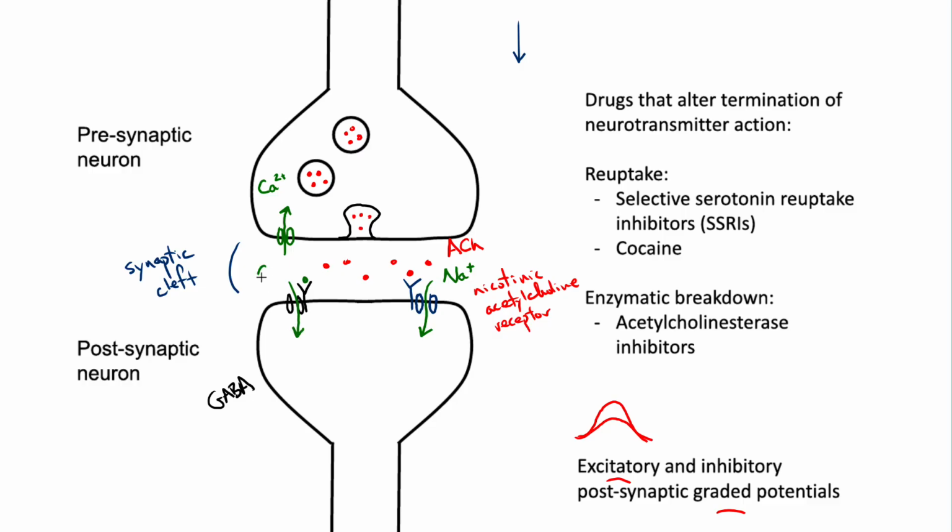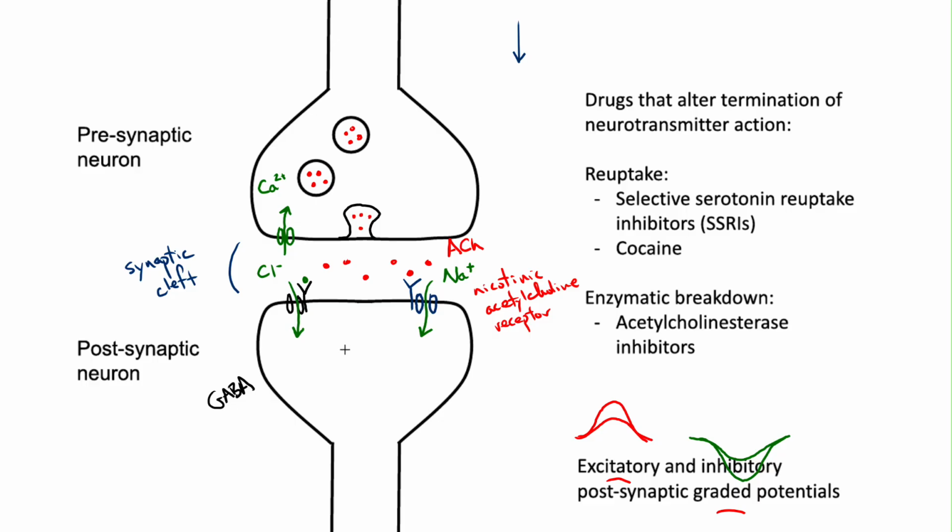Now, chloride is a negative ion, and therefore that's going to hyperpolarize the postsynaptic neuron, make it more negative, and bring it farther away from its threshold potential. And once again, if more of that GABA neurotransmitter were released and more of these chloride ion channels were to open, then we'd see a more negative graded potential, bringing the neuron further and further away from its threshold potential, making it less and less likely to fire an action potential.